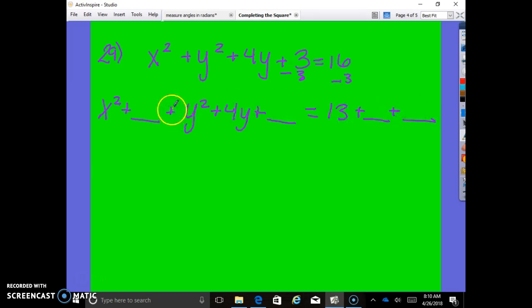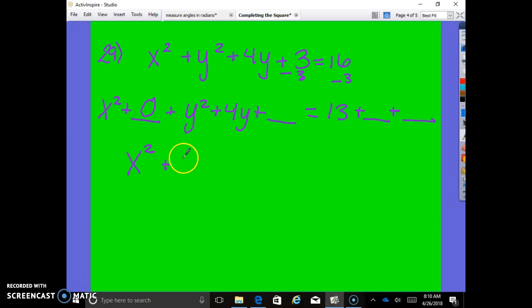Do you guys get the initial setup? Your x's together, your y's together, and your constants together, and add the blanks. There's no middle term, so this is just going to be a 0. This is just going to be x squared, because this is like x plus 0 squared.